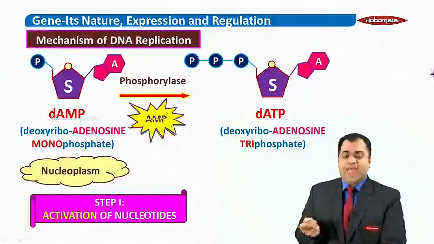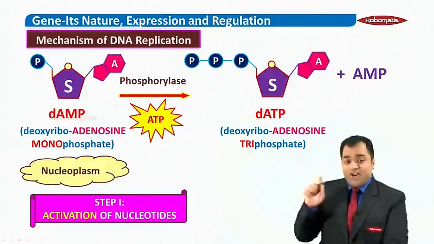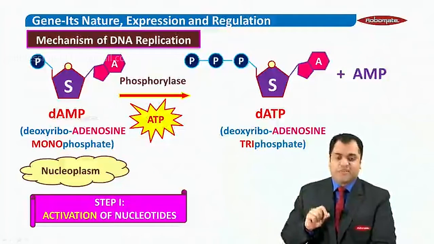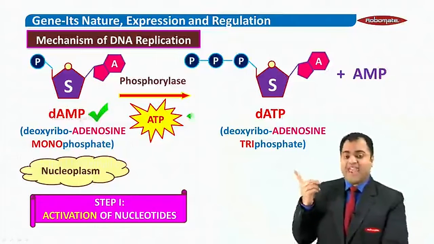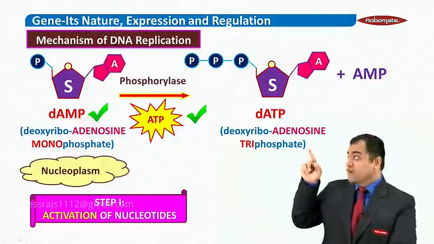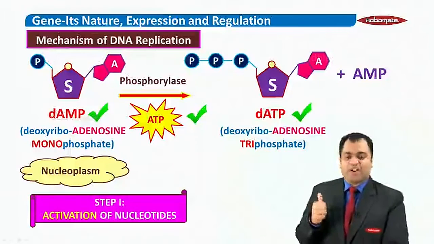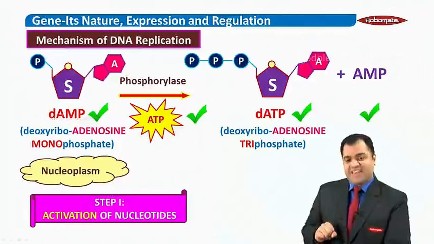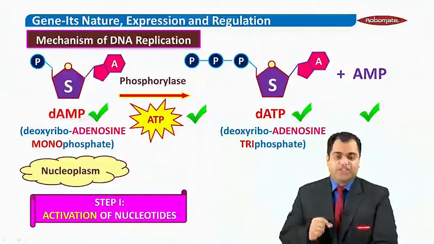And what remains in the end is a molecule of AMP. So the overall reaction for activation will be DAMP along with a molecule of ATP, in the presence of phosphorylase enzyme, will give you DATP and a molecule of AMP. And that is how you activate a nucleotide.